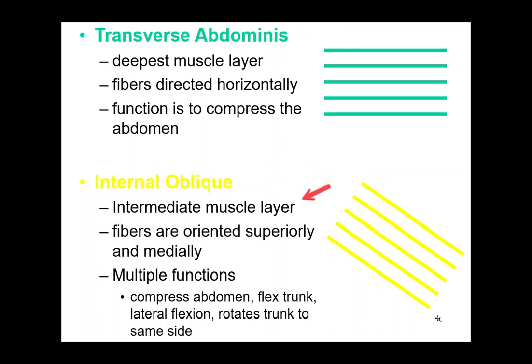They are oriented superiorly and medially, so going superiorly and medial from the lateral side. They have multiple functions: compress the abdomen, flex the trunk, lateral flexion, and importantly, rotate the trunk to the same side. So internal obliques rotate ipsilaterally, I.